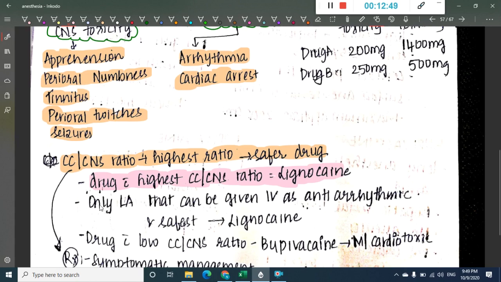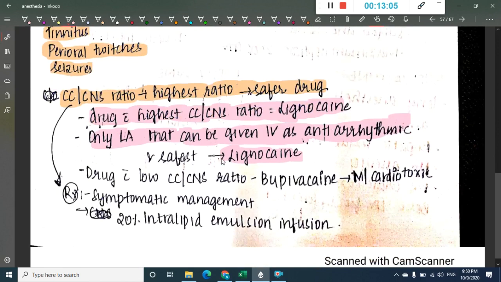It is the only local anesthetic which can be given by IV route, and it is used as an antiarrhythmic. The drug with a low CVS to CNS ratio is bupivacaine, which is the most cardiotoxic.